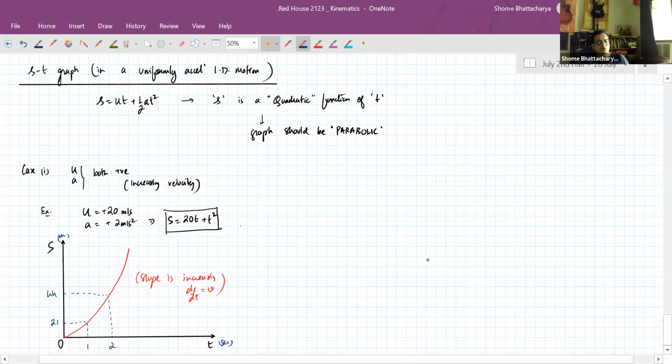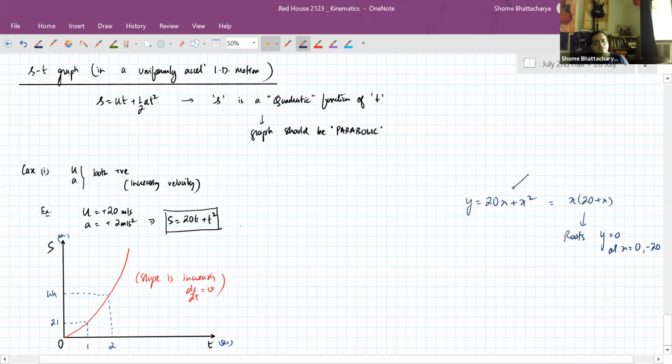Now where this graph comes from, it comes from, if you were to look at the graph of y is equal to 20x plus x squared, this kind of graph. So you would see that it's a parabola like this. If you factorize it, it is x times 20 plus x. So its roots, that is y is equal to 0, at x equal to 0 and minus 20.